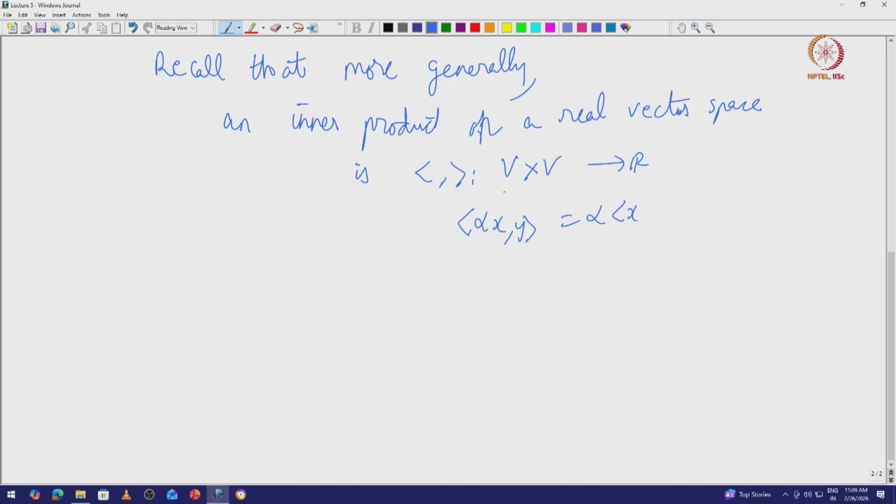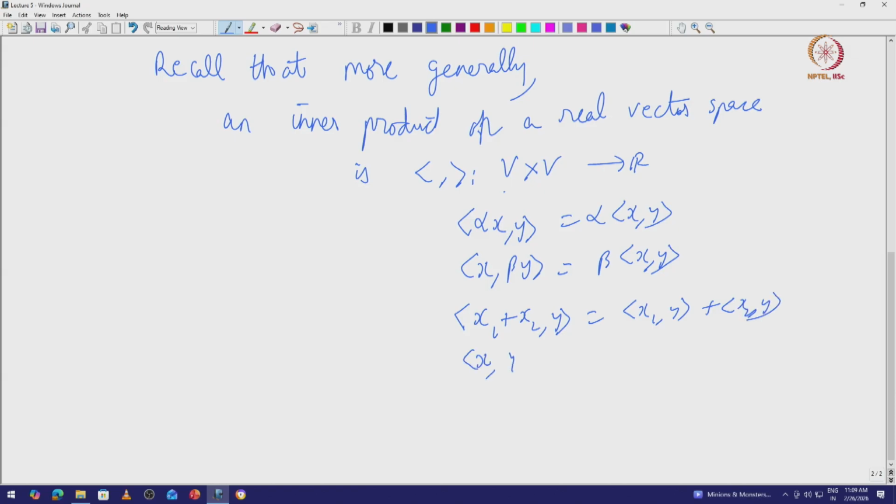It scales properly on each entry, right? It's also multilinear, meaning x1 plus x2 inner product y is x1y plus x2y. The x2 dot y likewise in the second one.